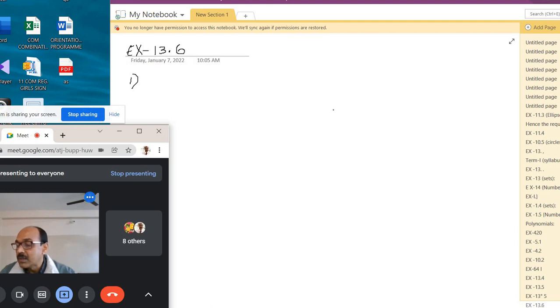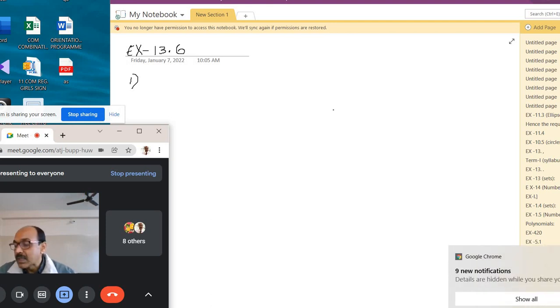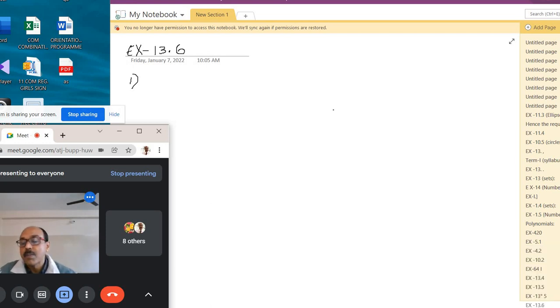Height is given as 25 and circumference of the base is 132. The cylinder base is a circular shape. We know the circumference of the circle is 2 pi r.